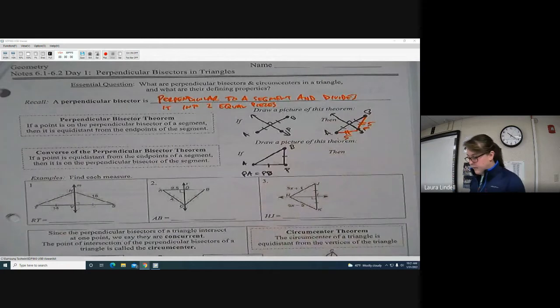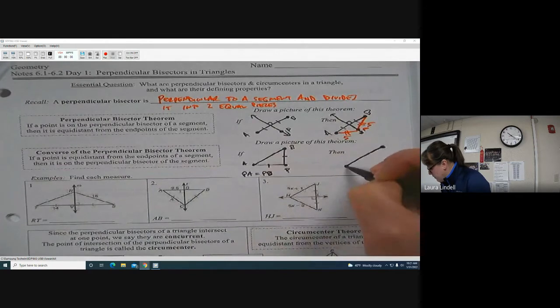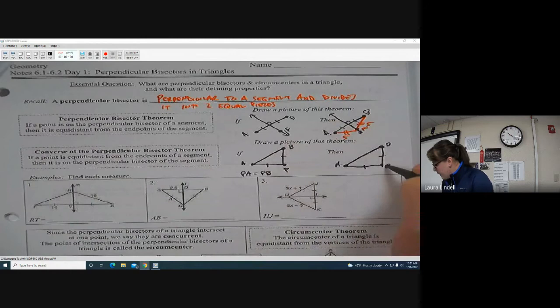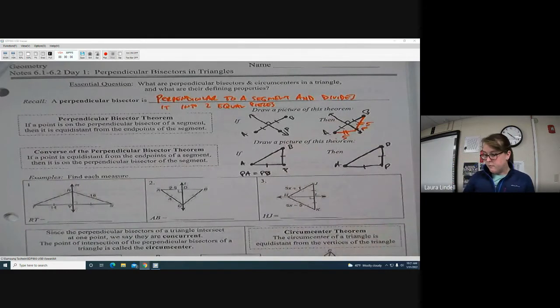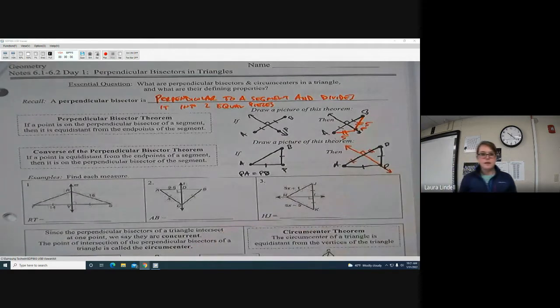If that's the case, then if I were to draw this same kind of picture here, we can add some stuff to it. If I were to draw the perpendicular bisector, it would be going through point P. All right, cool.